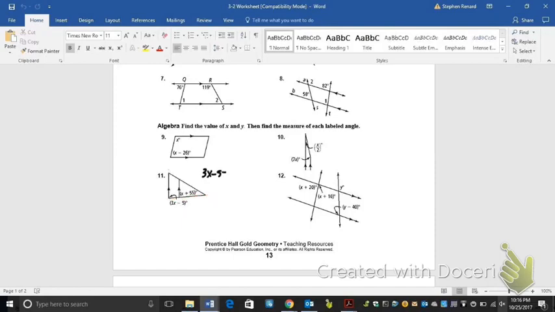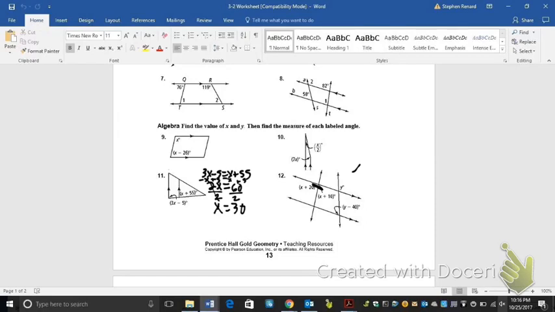The corresponding angles are congruent. So we go 3x minus 5 equals x plus 55. Subtract x from both sides, we get 2x equals, we're going to add 5 to both sides, 60. Divide by 2, we get x equals 30, and then plug it back in. So we'd get 85 and 85. Moving over to number 12.